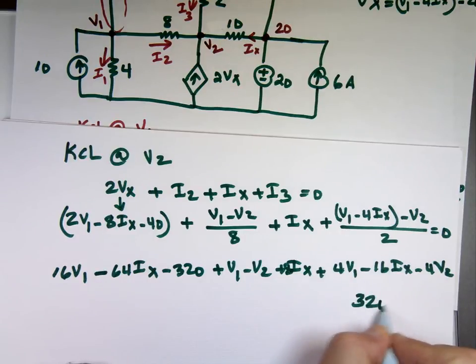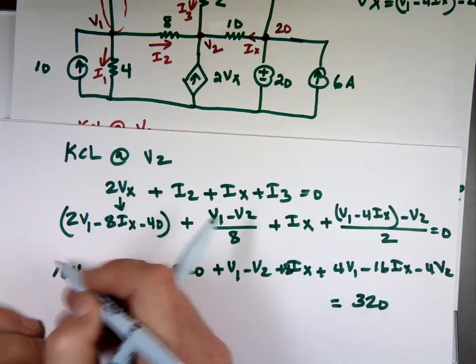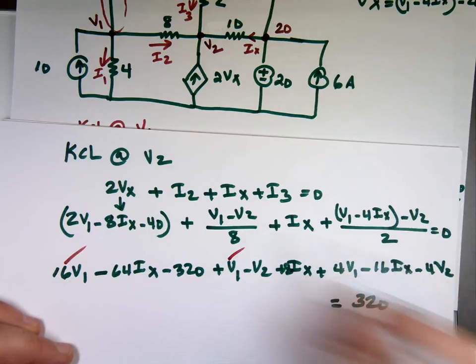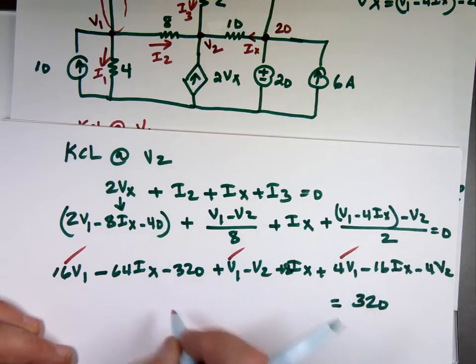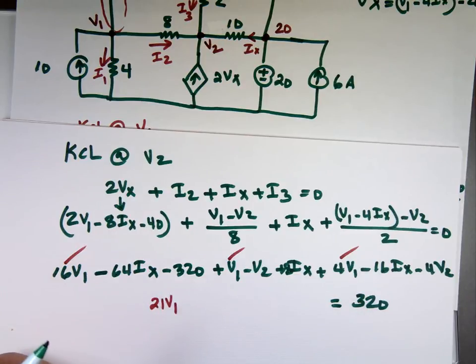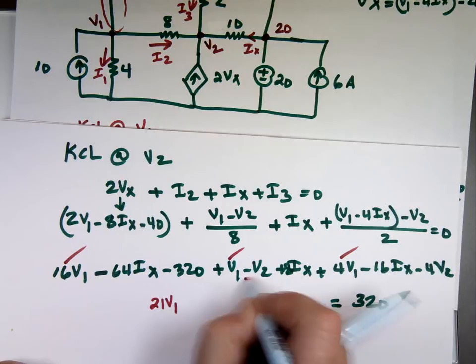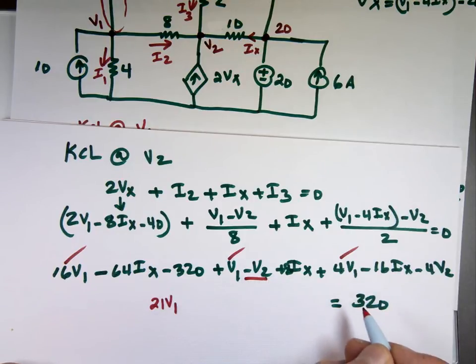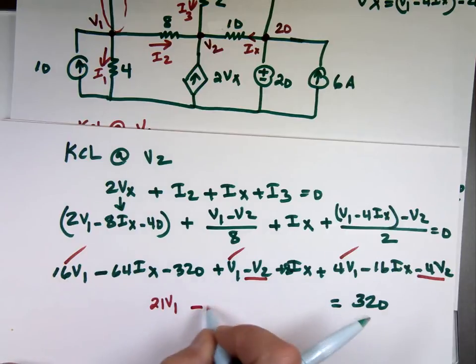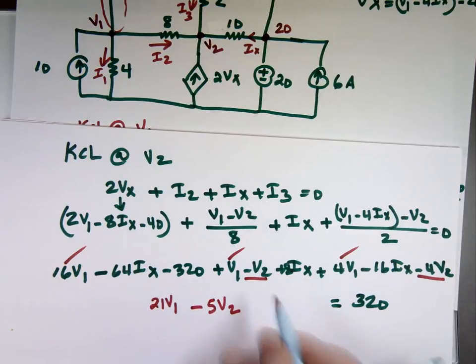Let's look at V1. Any more? Is that 21? V2. Is that it? And the last one, I sub x.